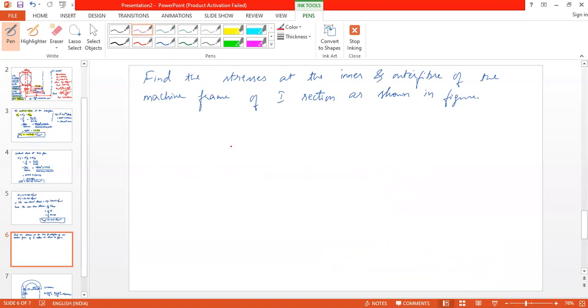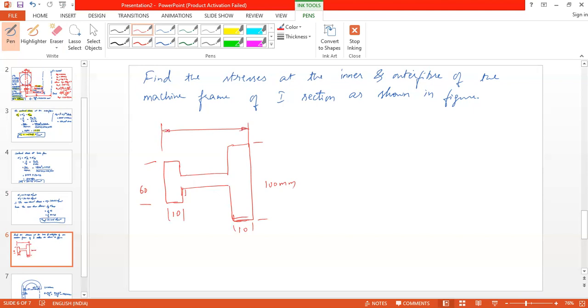Here you can say this is the section, where this is 100 mm and this is 60 mm and this is 10 and this is also 10 and the overall length is 120.